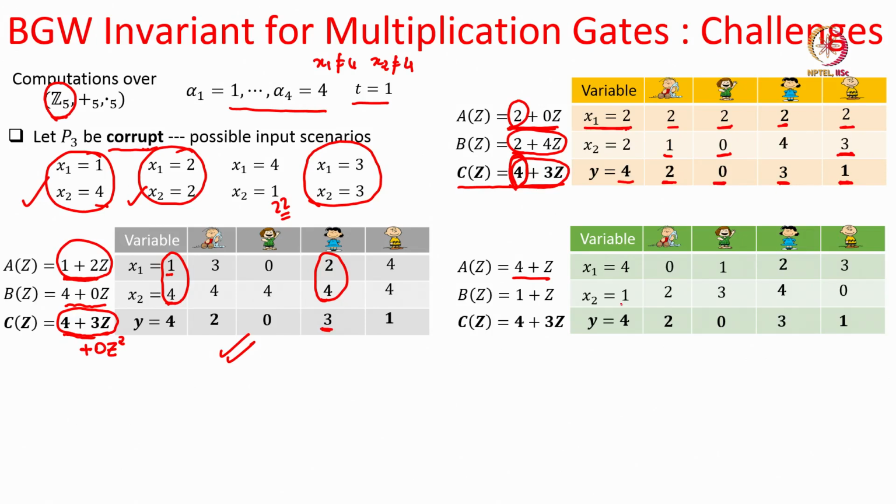The second party's input being 1 with P3's share being 4 is possible only if P2 has used the 1 degree polynomial 1 plus z for secret sharing.